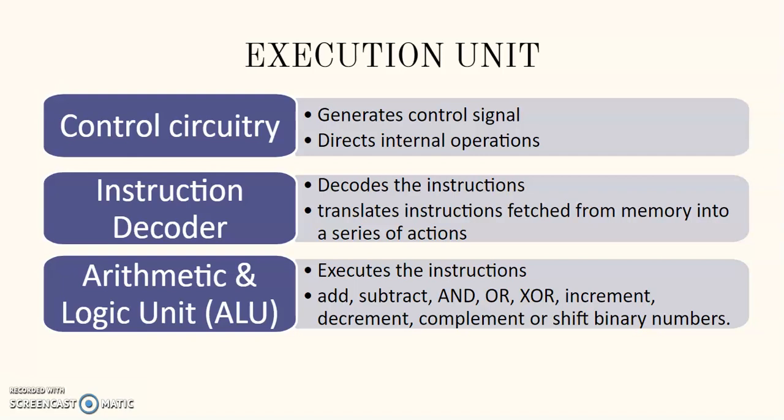After getting the required data for the operation, the data is given to the arithmetic and logic unit. It will execute the instruction, whatever it is: addition, subtraction, any arithmetic, logic or any other operation will be done by the ALU.